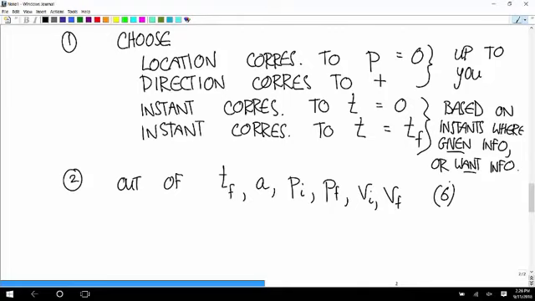So that's 6 total variables. And if you look back at those 3 main equations, none of them include all 6.